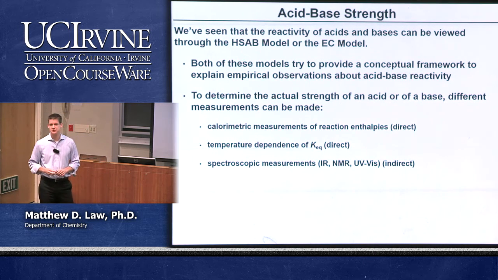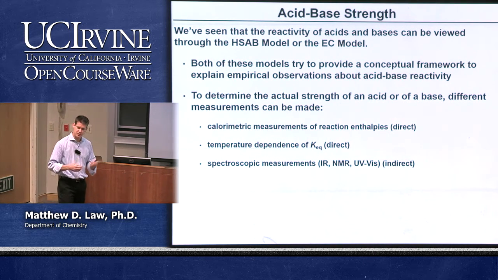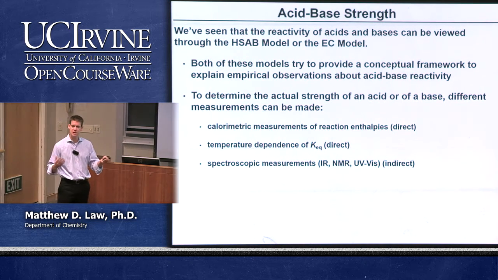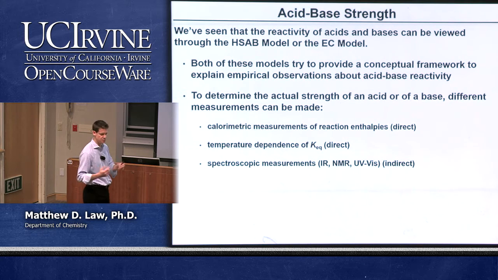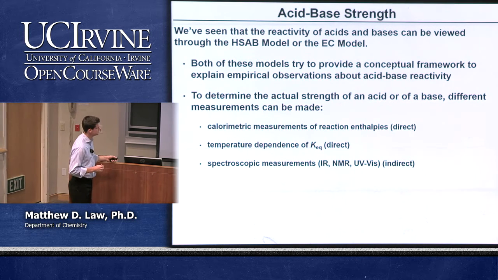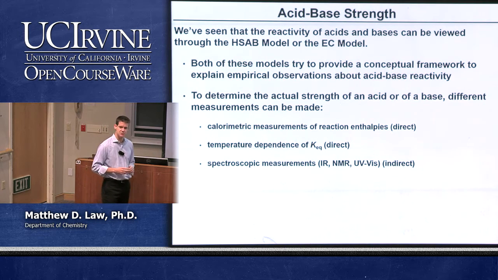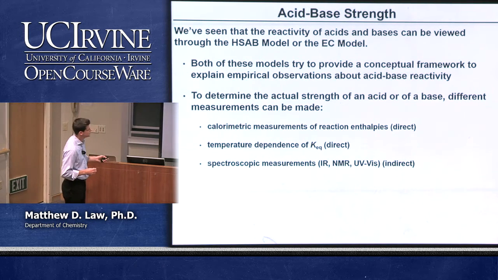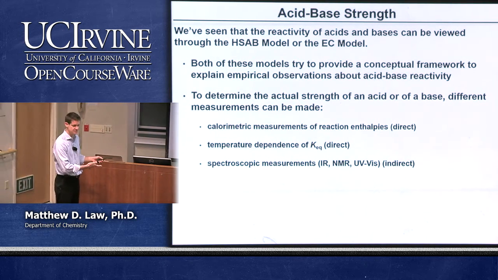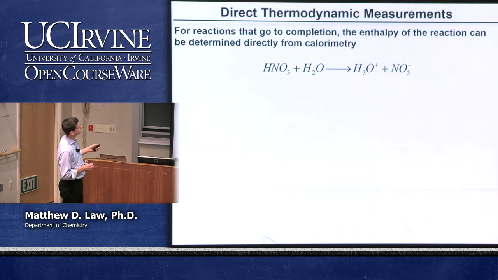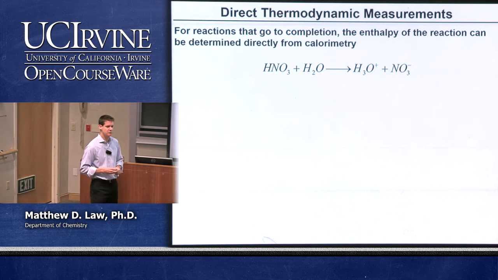We can use various spectroscopic means, like the absorption spectroscopy that I showed. We can use that in principle to look at the equilibrium concentrations of the reactants and the products. So we can use infrared, NMR, or UV-vis, which is the absorption spectroscopy that I showed before. All these methods allow us to get information about the overall delta H, delta G. So let's look first at how we can measure the enthalpy with calorimetry.